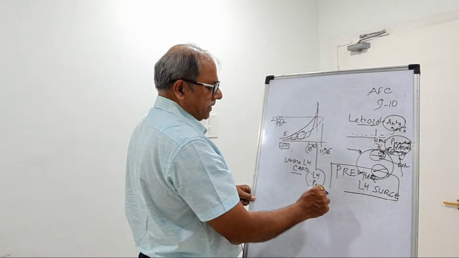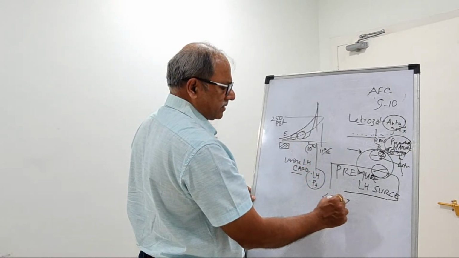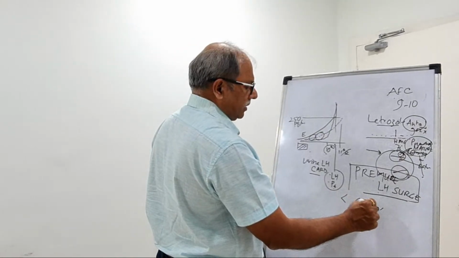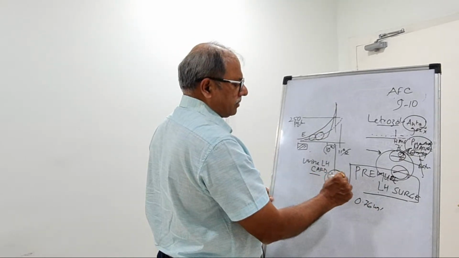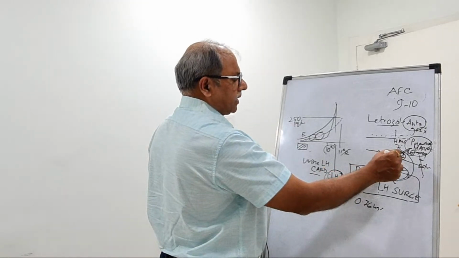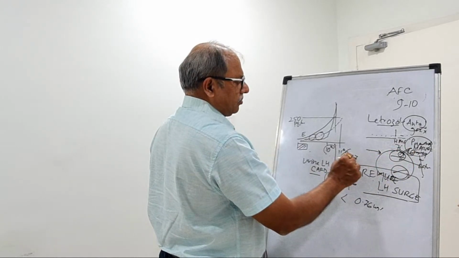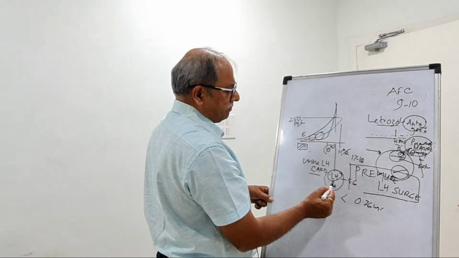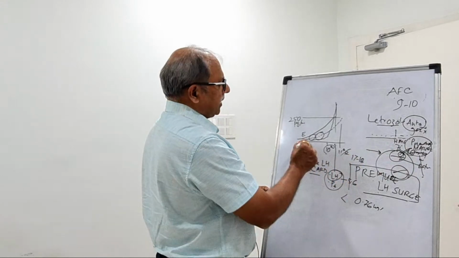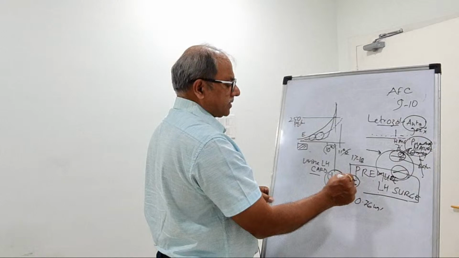The P4 was less than 1, I think 0.76 nanogram per ml, and LH was 5.6. And the quality of the follicle I see on the ultrasound was 17 to 18 millimeter. I found that LH is less, endometrium is good, and LH is 5.6.